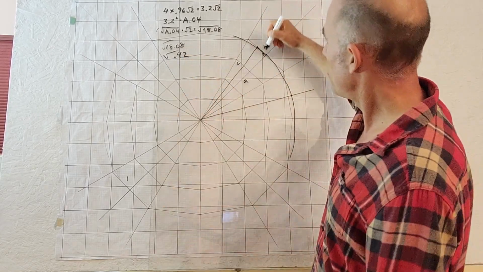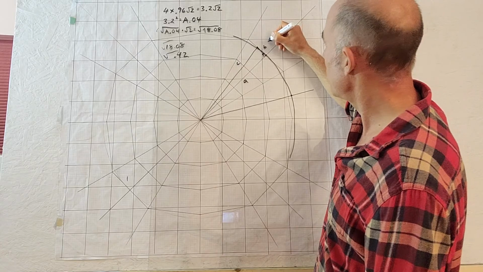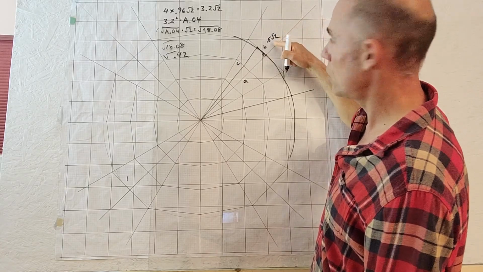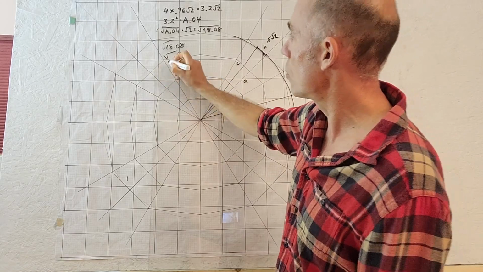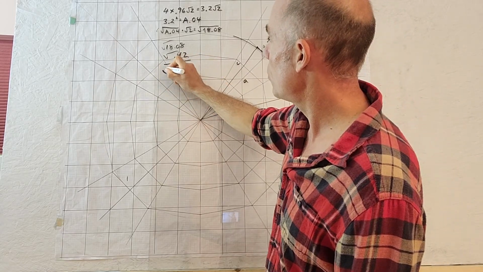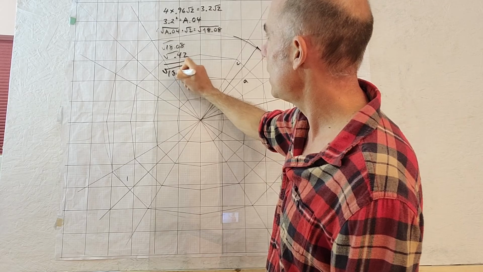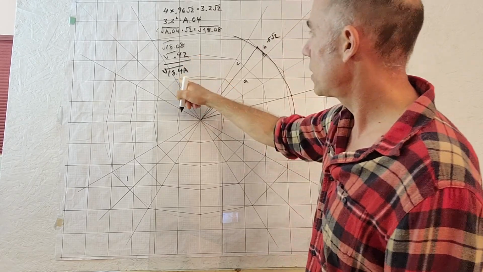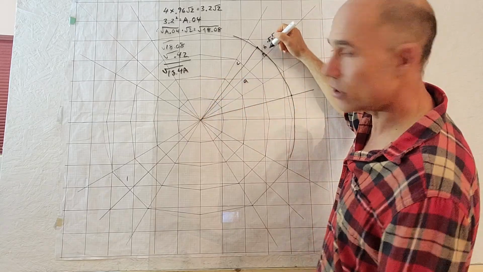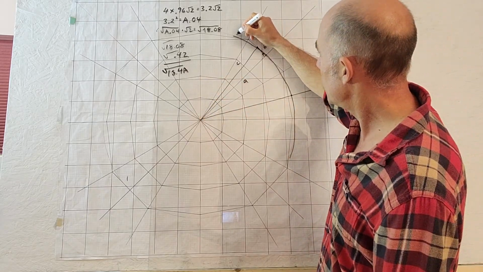Again, that's 0.5. This length here is 0.5 root 2, so you square 0.5 multiplied by square root of 2, we get square root of 0.42. So we add those together, we get the square root of 18.4a. So that's the radius of the second circle that we're about to draw, just like this.